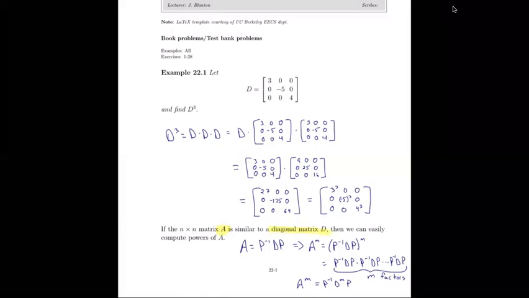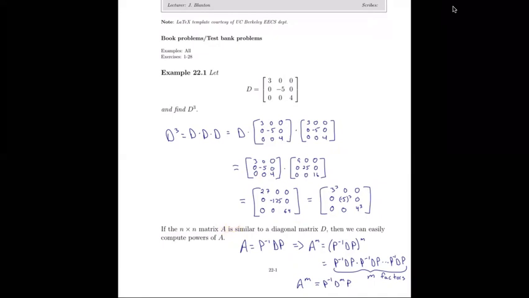Some matrices A will not have a diagonal matrix D that they are equivalent to. So if we do have such a matrix, this will extend to how we can use this nice power property of a diagonal matrix.